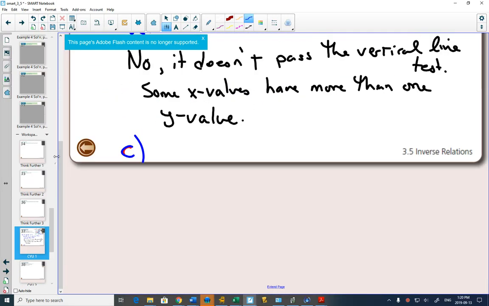So the original one was in red. Our domain of our original one, if we look at the graph at what the smallest x value is, the smallest x value was -4. And if we look at our original graph at what the largest x value was, it was 3.